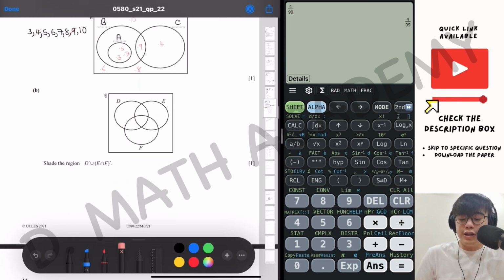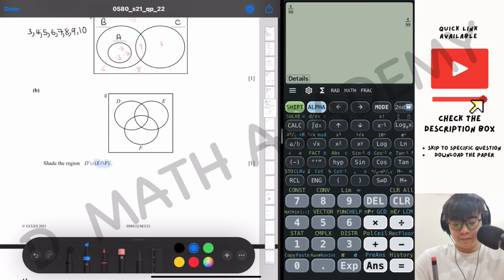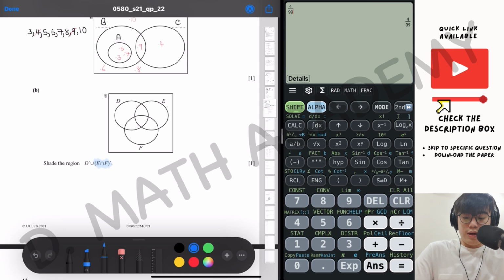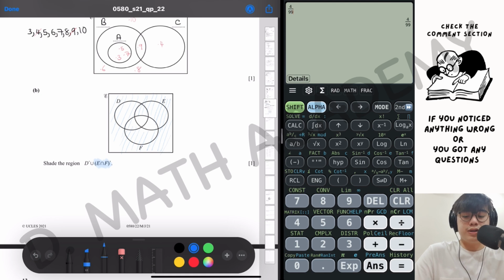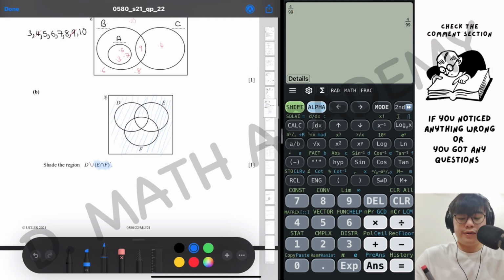Moving on to part B here, they were asking for this first. This is what I would do. E intersect with F and everything other than it. So it's actually regarding this part here. And then they wanted it to union with everything other than D. So everything other than D is actually this.